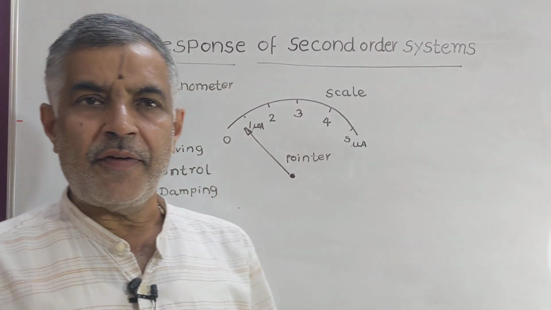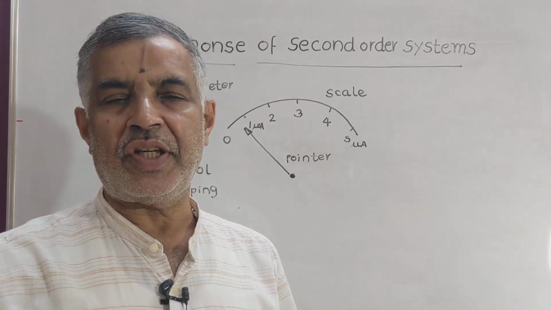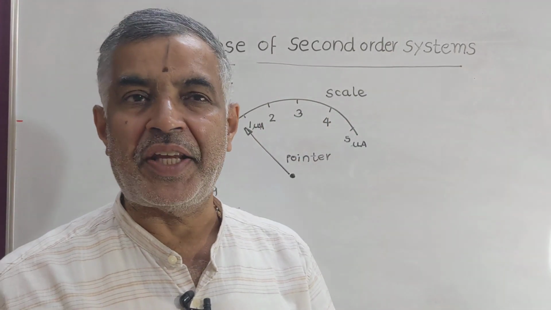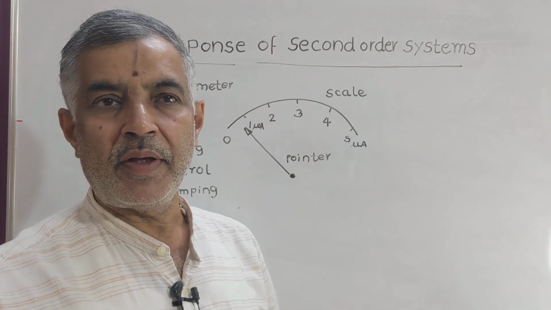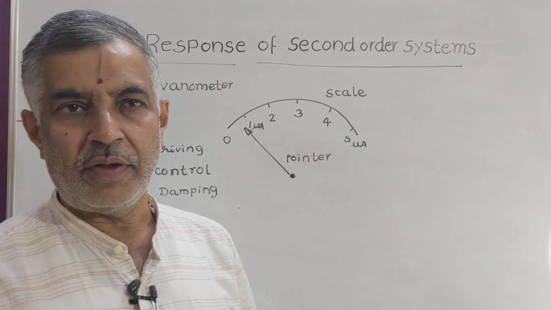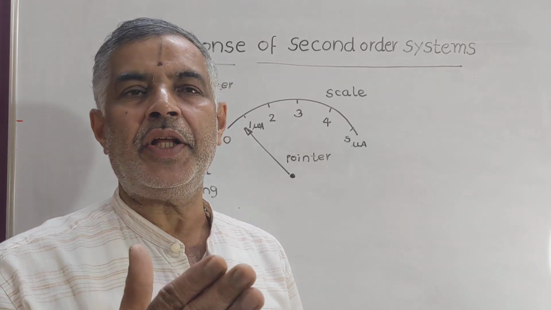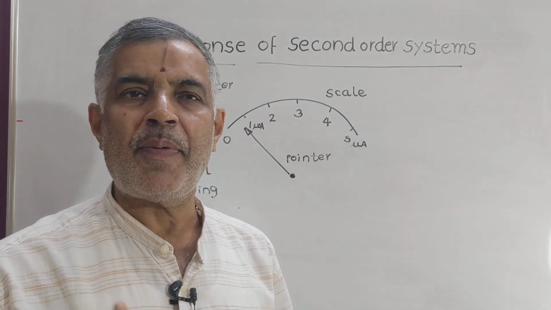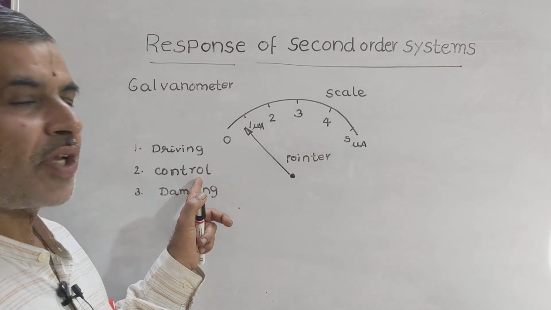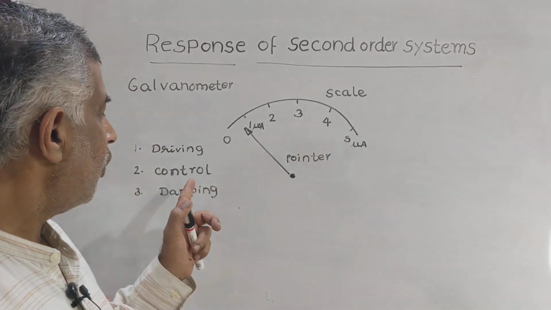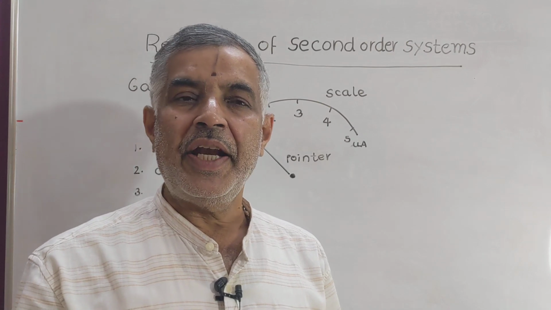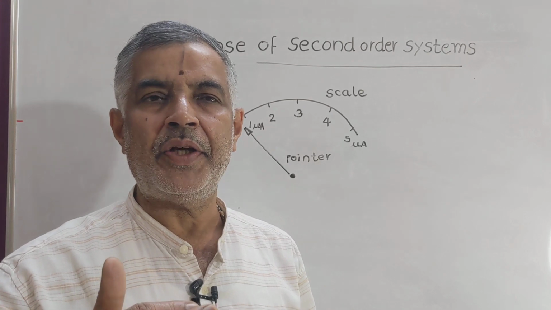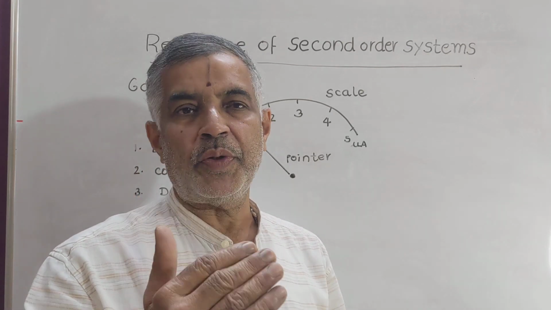Now, if driving force alone acts on the system, what happens? The pointer won't settle at any marking. It keeps on deflecting because it is under the driving force. Therefore, to bring the pointer to rest, to settle at some position, you have to introduce a second type of force, what is known as control force or control torque. So control force or control torque acts in a direction opposite to driving force, and it is responsible for bringing the pointer to rest position.